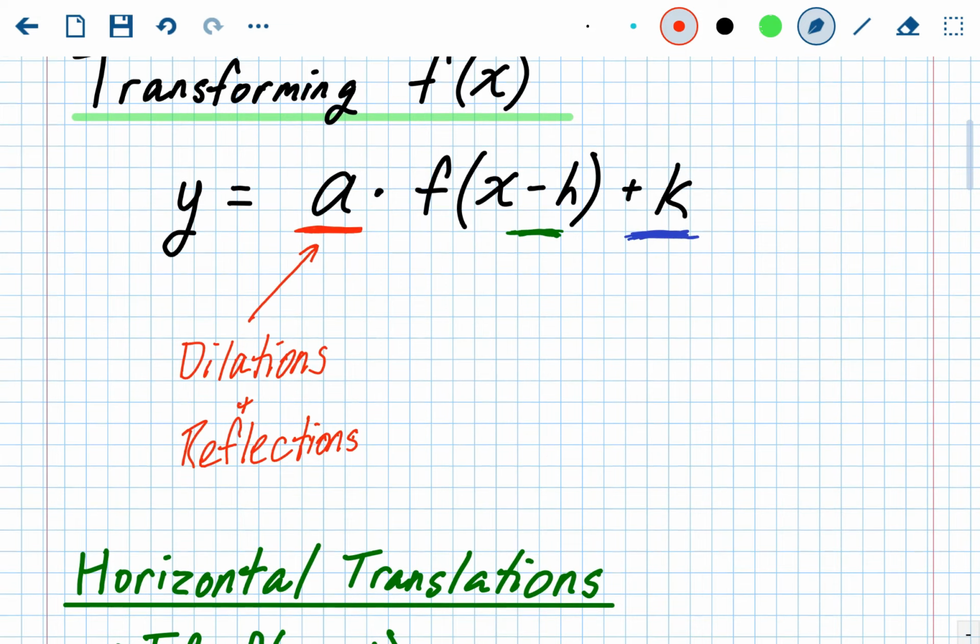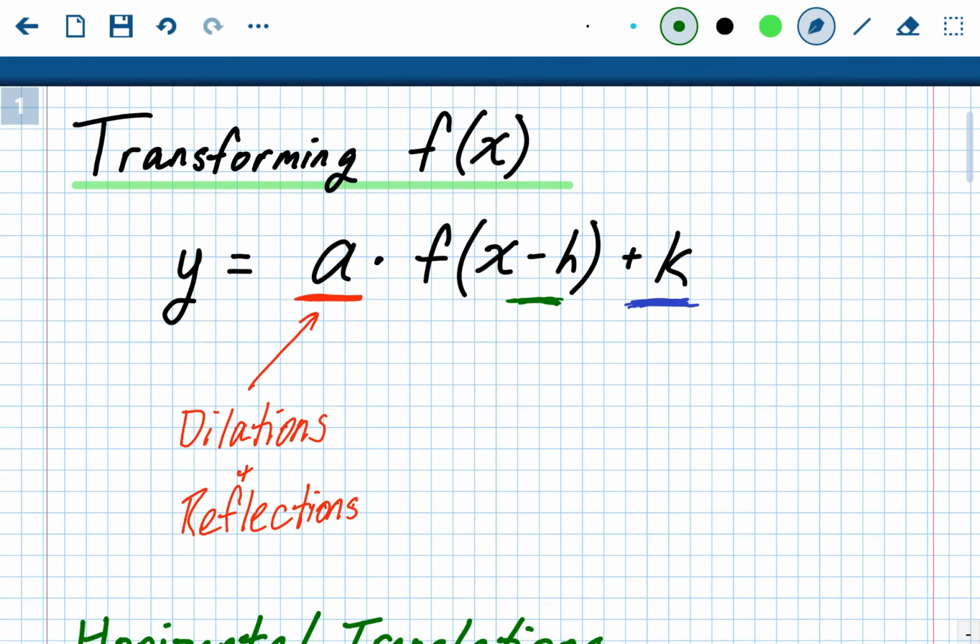Okay, the inside addition or subtraction, represented by this minus h, does horizontal translations. And finally, adding plus k at the end on the outside of the function.